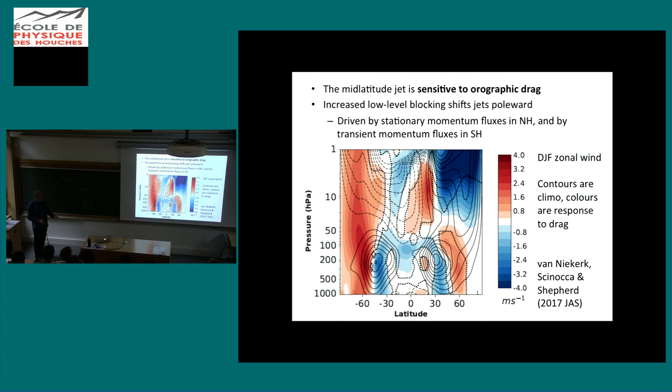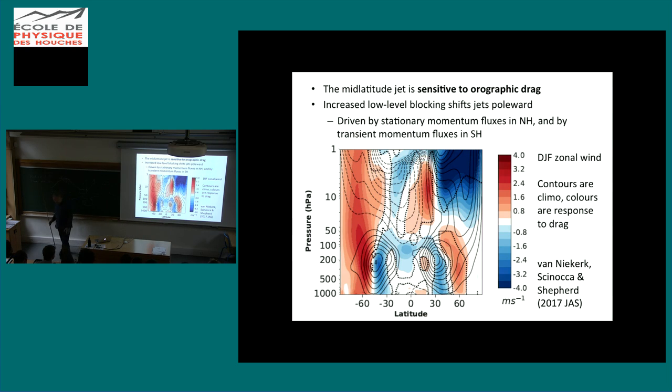And when you put it back in, you find that the jets shift poleward. Now, don't look at the stratosphere, because that's not really important for this argument. The important thing is what happens in the troposphere. The contours are the background state, and the shading is the shift, and you see that there's a poleward shift in both hemispheres.